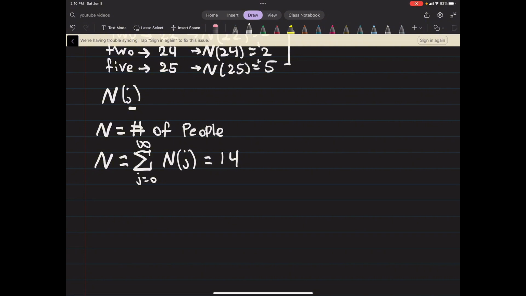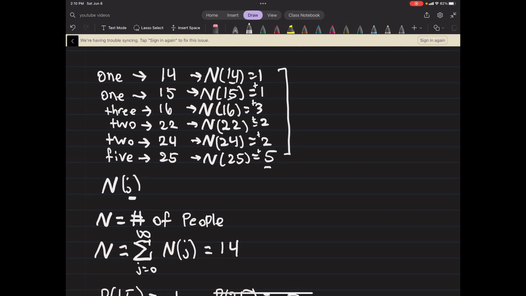So out of the 14 people, there's only one chance that you'll get someone that's age 15. So the probability that you find someone at 15 is 1 over 14. The probability you find someone age 25, well, there's 5 people that are 25, so that would be 5 over 14.